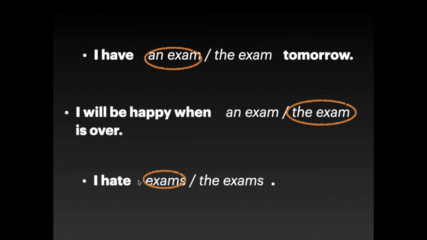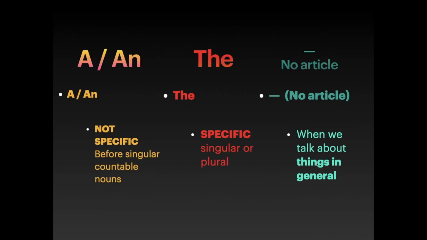And here, I hate exams. We don't need an article. Why? Because it's exams in general. O sea, odio los exámenes en general, right? So, when you talk about something for the first time, or when it's not specific, you use a or an. Always before singular nouns. Why? Because a means one. Yes, a car, one car.